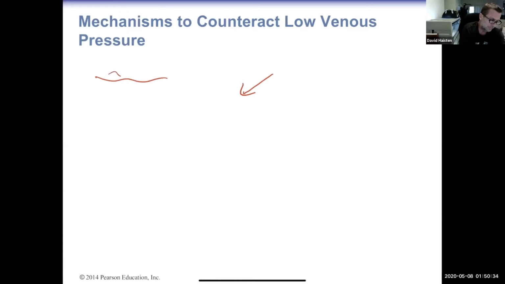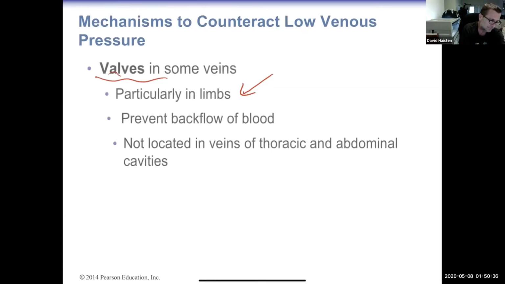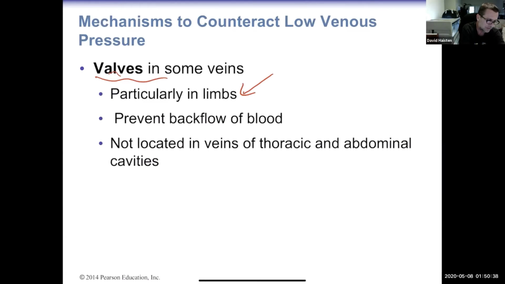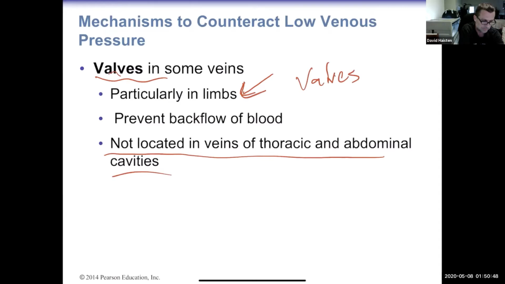Now, there's something else. So valves are in your limbs, but there are no valves in your thoracic and abdominal cavity. And there's also valves in the neck. How do you think blood's gonna get back to your heart when it's in the abdominal region and thoracic region?